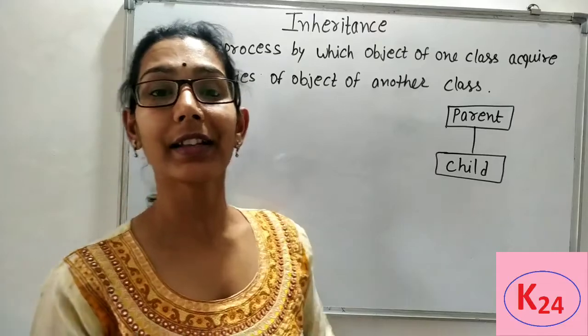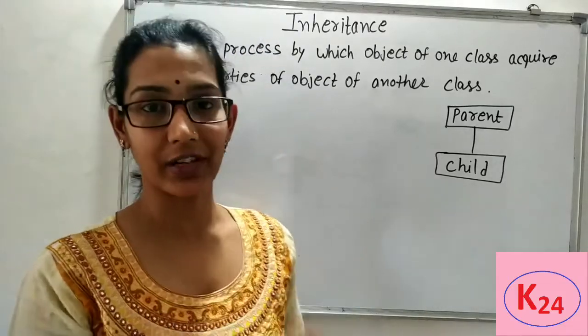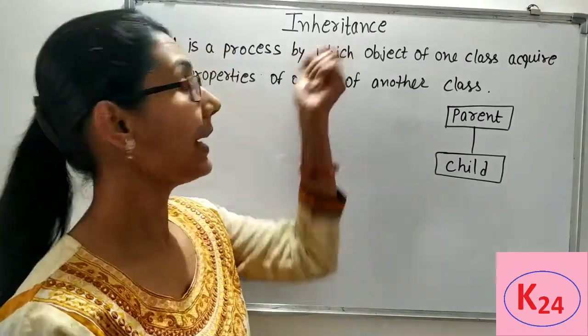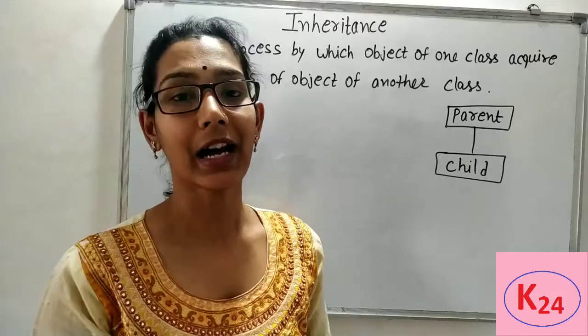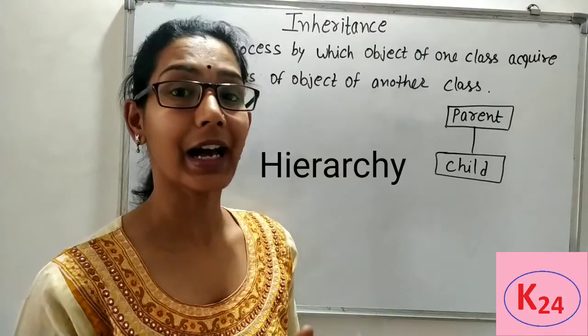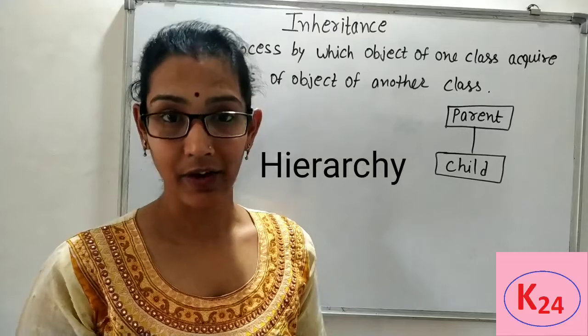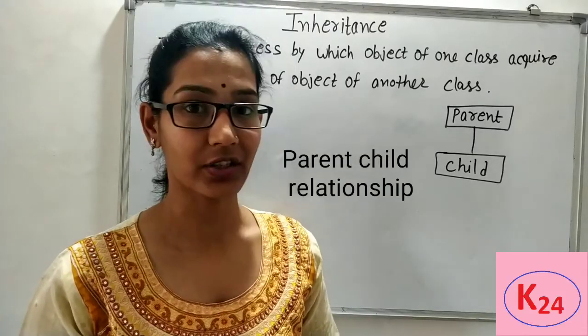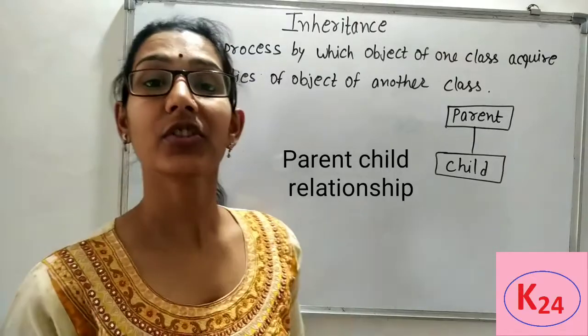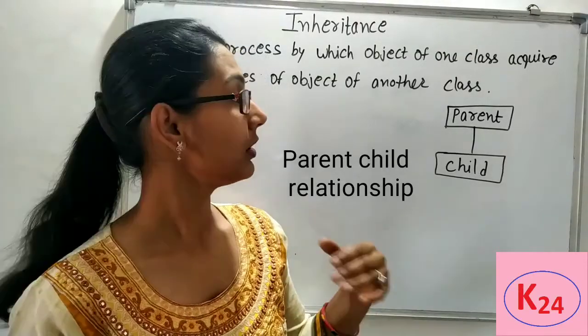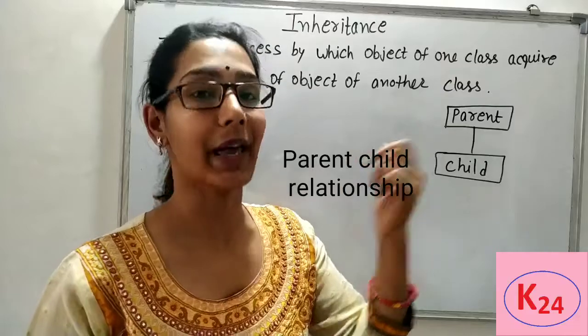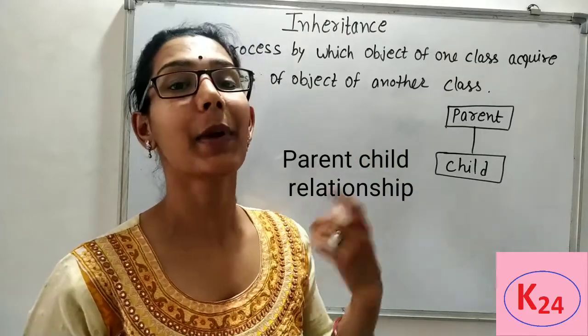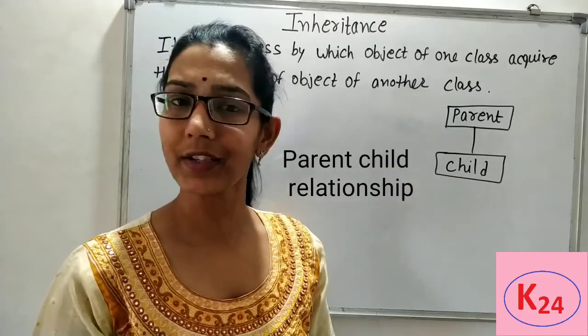To understand this concept, we use a general way. Inheritance means a hierarchy concept, and hierarchy in our family life means a parent-child relationship. Each child is a part of the parent, and the parent is a part of the grandparent, and so on.